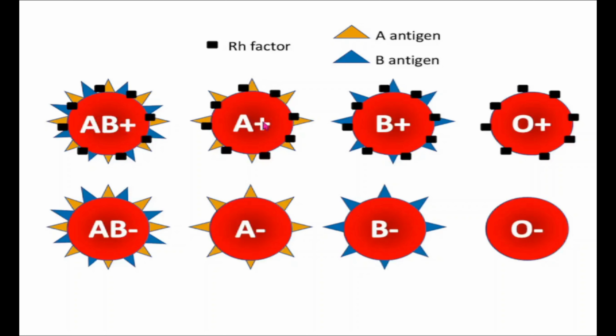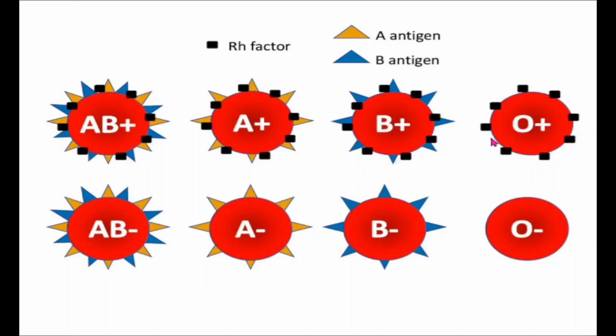If the person's red blood cell contains the A antigen, A protein, and the RH factor, we call it A plus. The same is true for B. B antigen is there, the blue color, then here is the RH factor, then B plus.